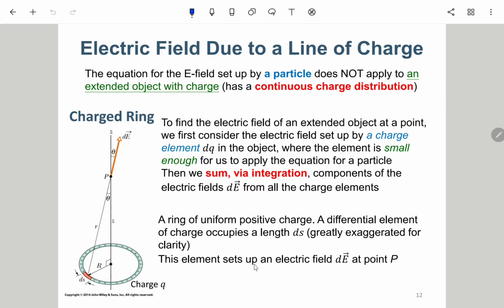You cannot count how many charges are inside this structure. So we need to use calculus to cut this continuous charge distribution into infinitely many discrete charges, and then add all these infinitely small E fields together.